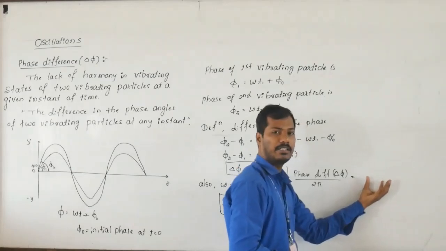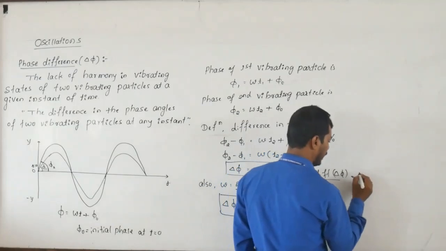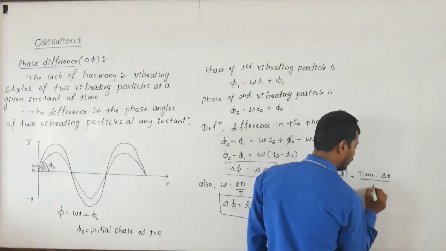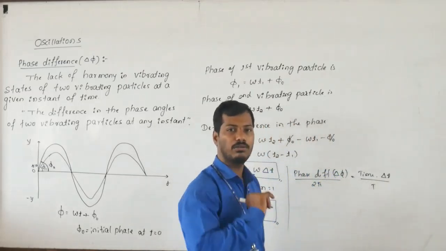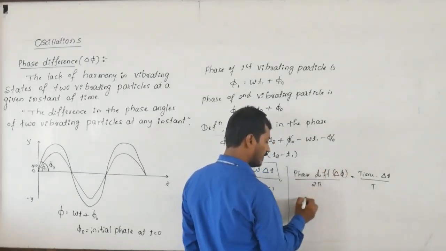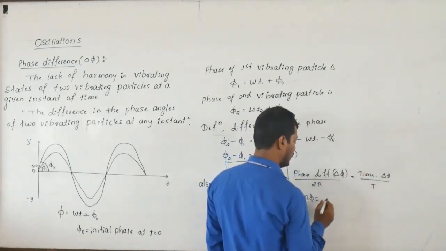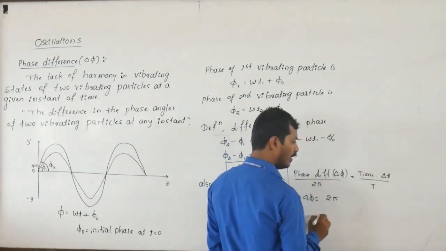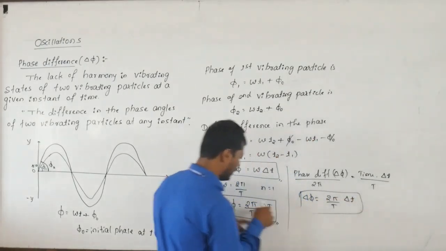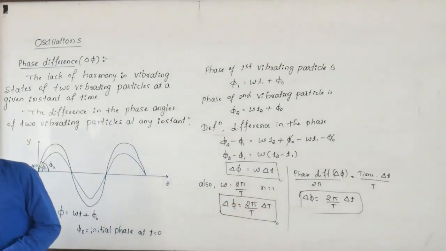I won't take the path difference here, just the time difference: delta t divided by the time period for one revolution, T. So the phase difference delta phi is equal to 2 pi into delta t divided by T, the same form.